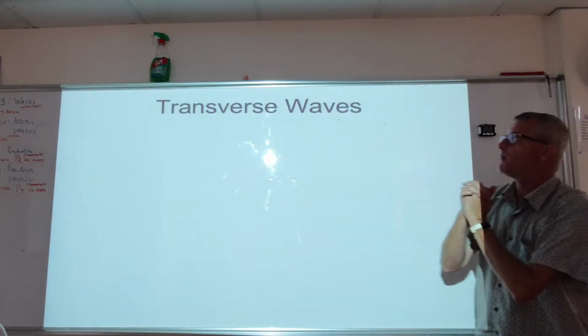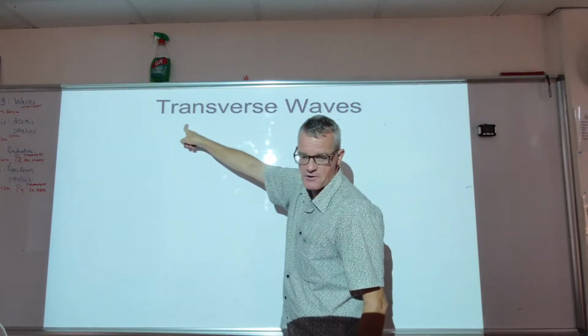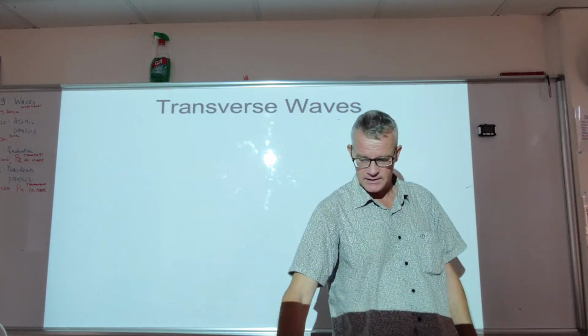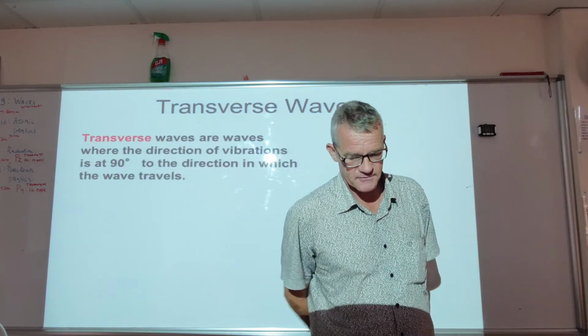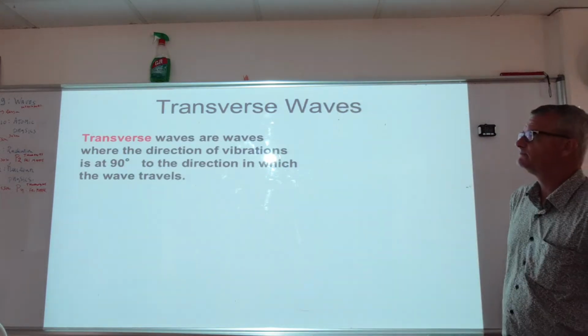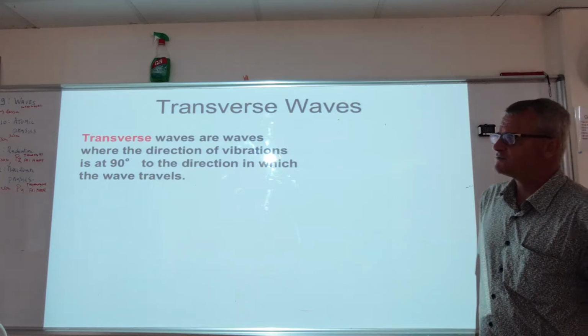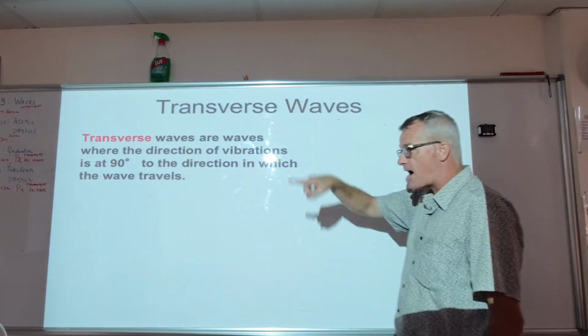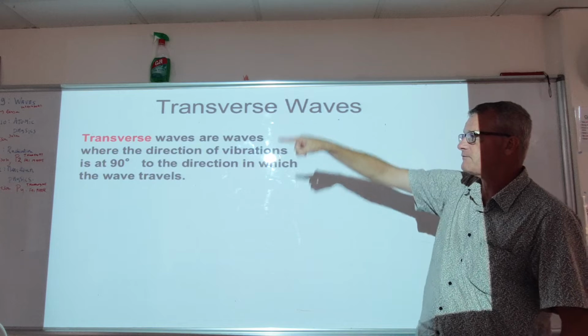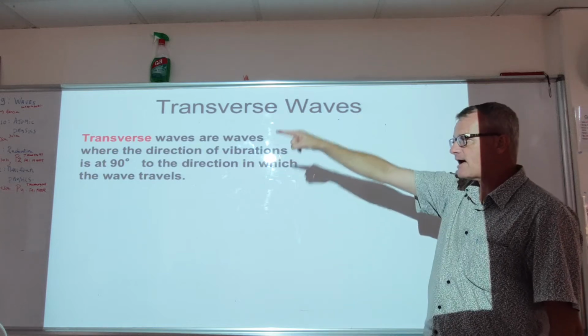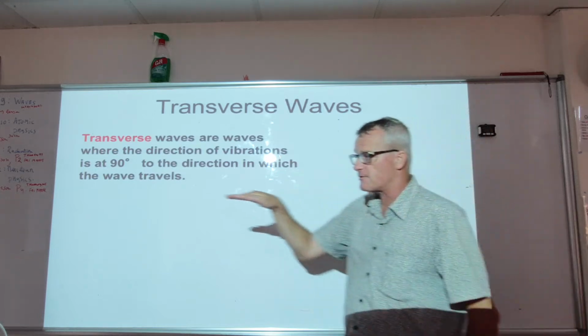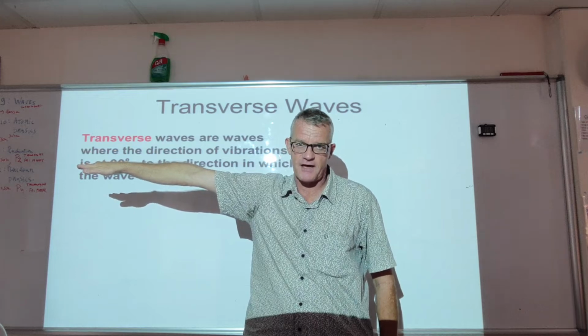First, we're going to talk about the transverse waves. What are transverse waves? Transverse waves are waves wherein the vibration of a particle is at 90 degrees to the direction the wave travels.